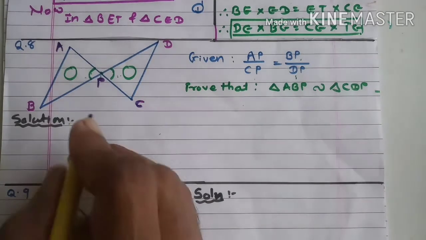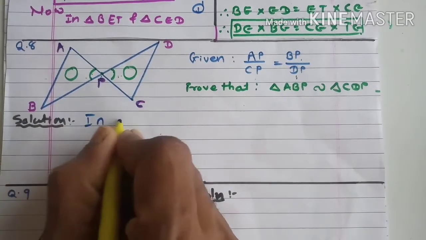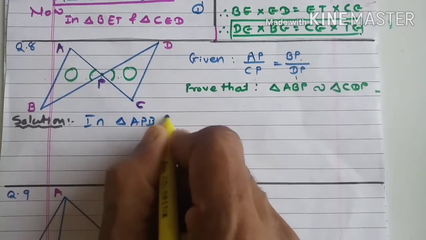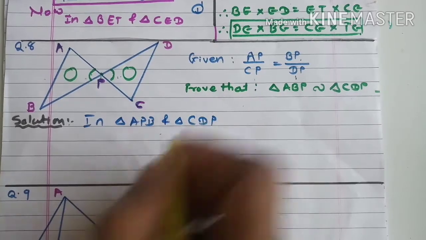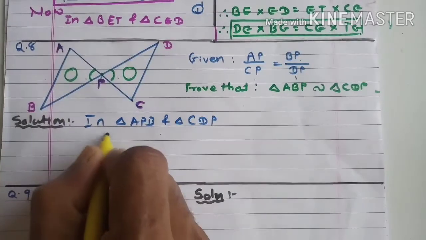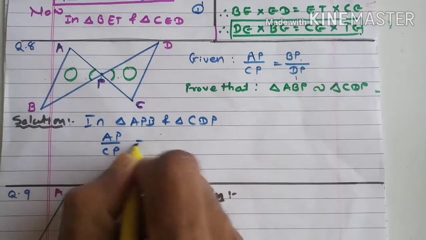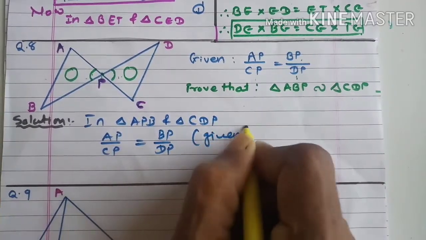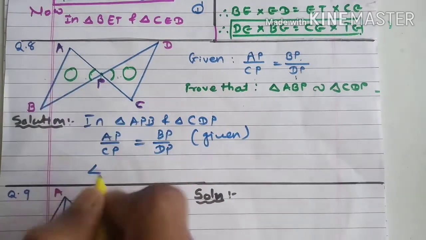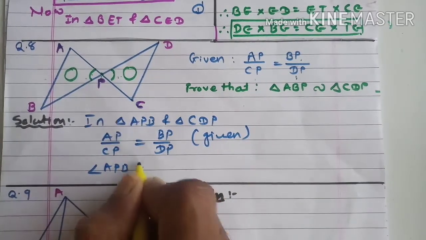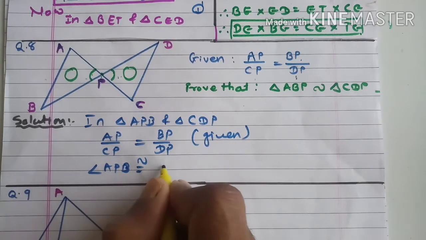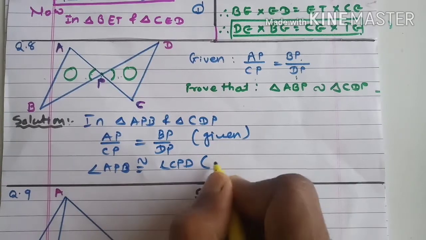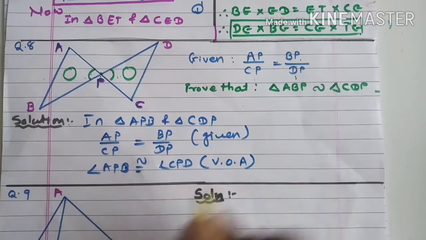Let's see how to write. First of all, in triangle APB and triangle CDP, AP upon CP is equal to BP upon DP, given, and angle APB is congruent to angle CPD, vertically opposite angles.